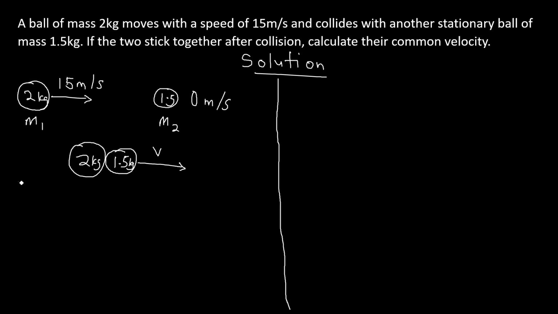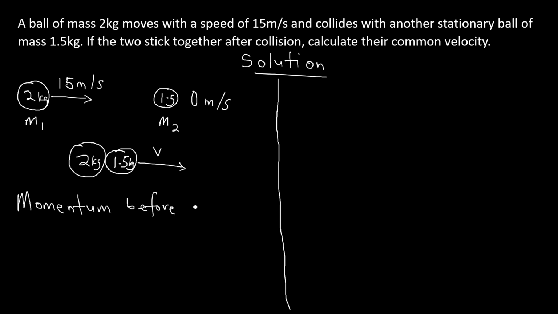So what is this common velocity that we are finding? In order to find this, we first have to find the total momentum of the individual objects before they collided. So let's find momentum before collision. The total momentum before collision will be the momentum of M1 and the momentum of M2.